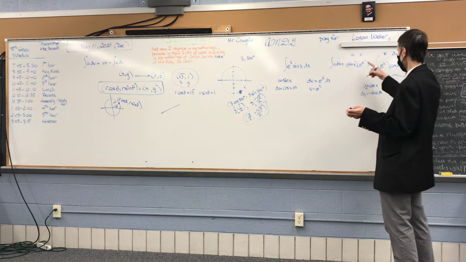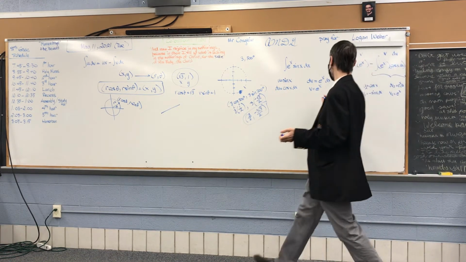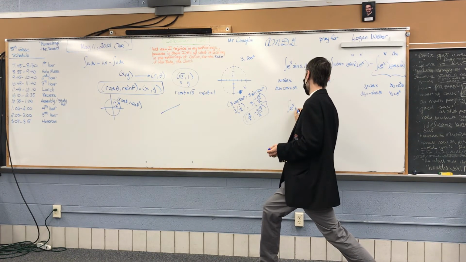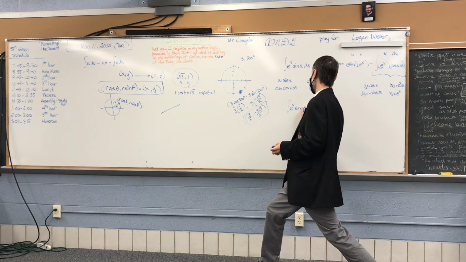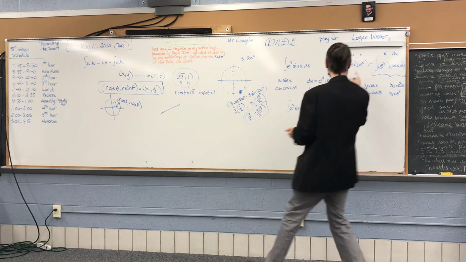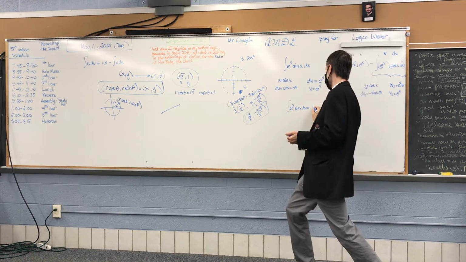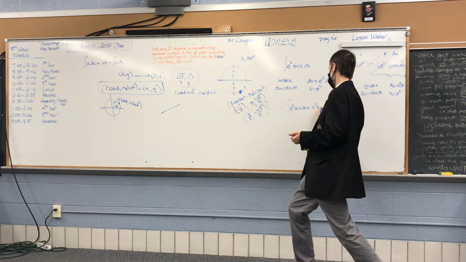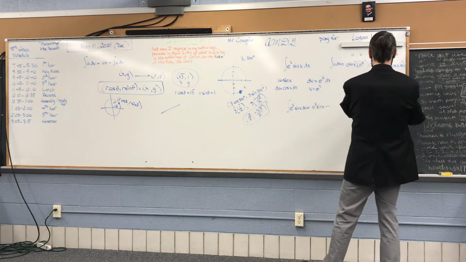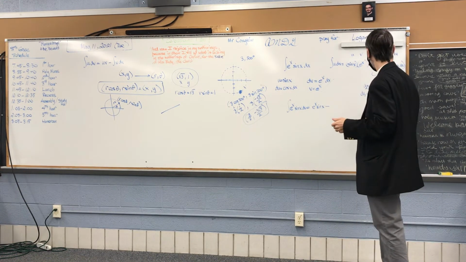Good. Let's rewrite this. The original integral of e to the x sine of x dx is equal to this thing. It's okay if I just arrange this with the e to the x first. Minus, let's do the integration by parts.